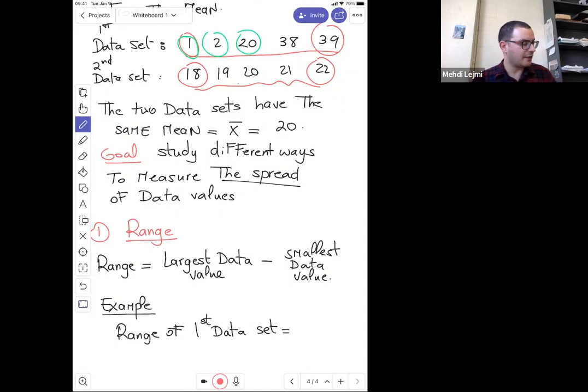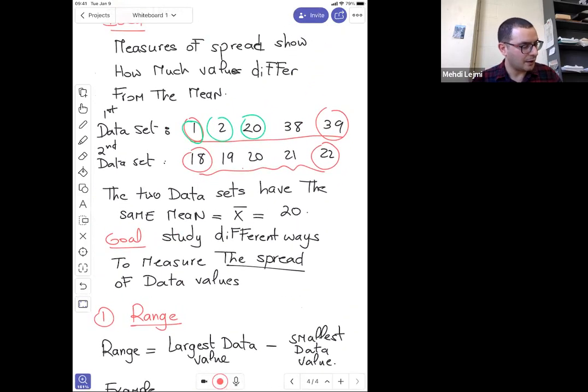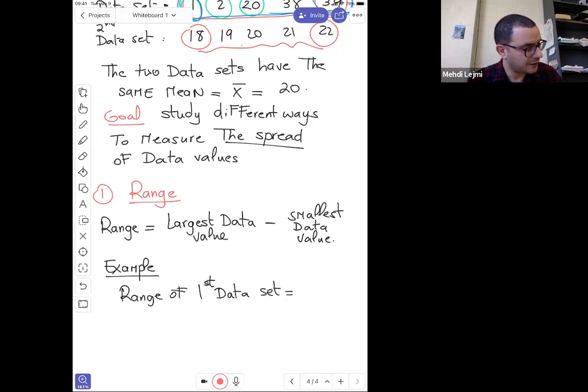When I say the first data set, of course, I mean the five numbers here, right? This is my first data set. As you can see in this data set, the smallest number is 1 and the largest number is 39, right? So the range would be 39 minus 1. So the answer is 38.